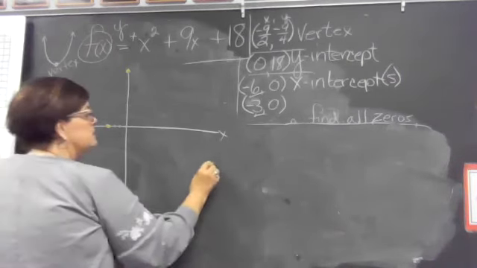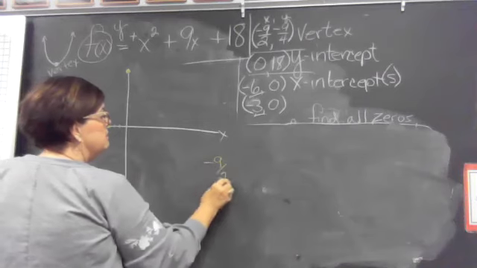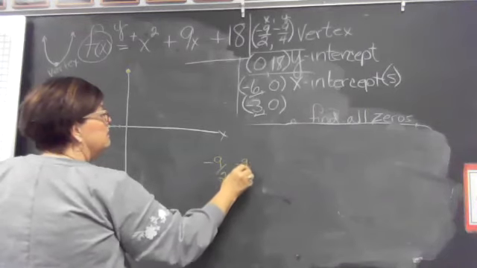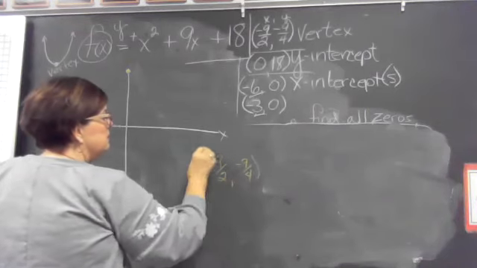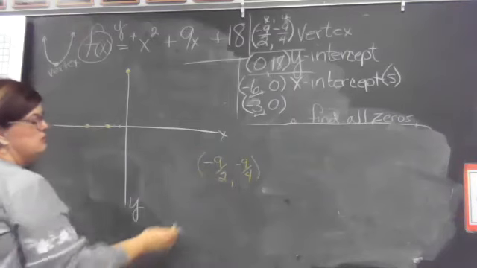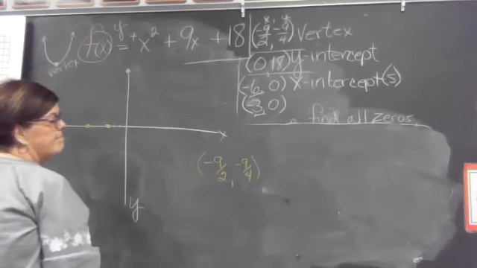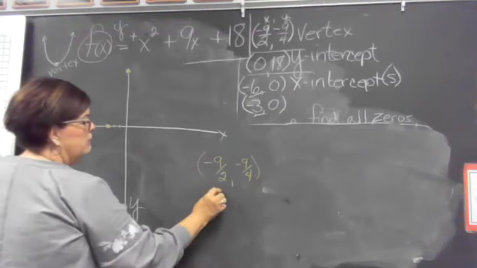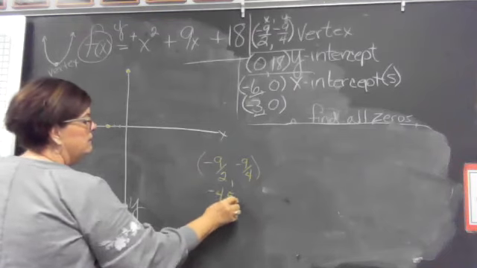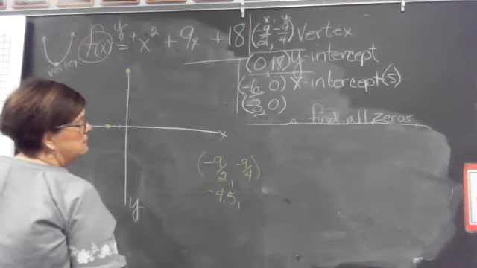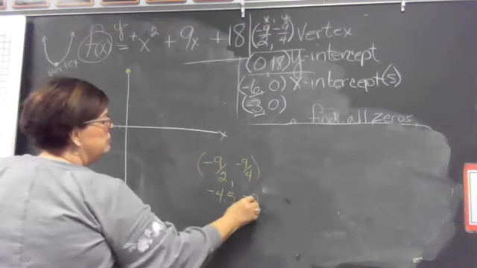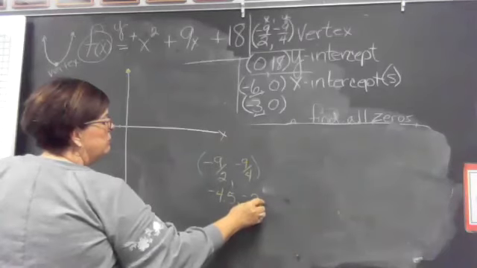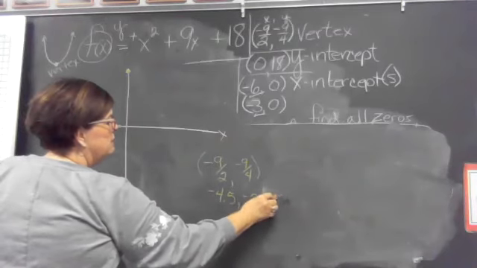So if the vertex is negative 9/2 and negative 9/4, the easiest way to graph these is to change this into a mixed fraction or a decimal. And you're going to get like negative 4.5 and negative 2.25, I think.